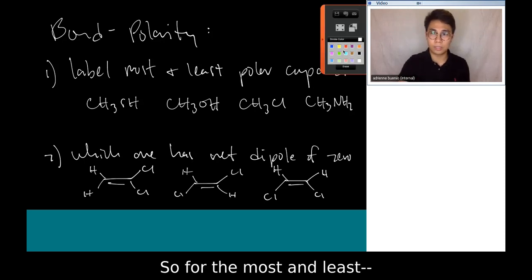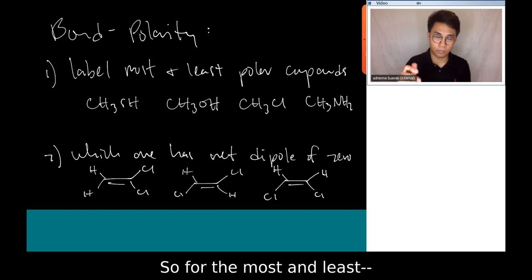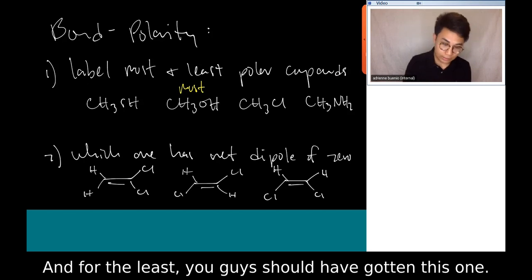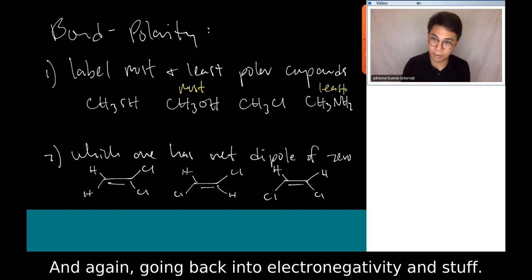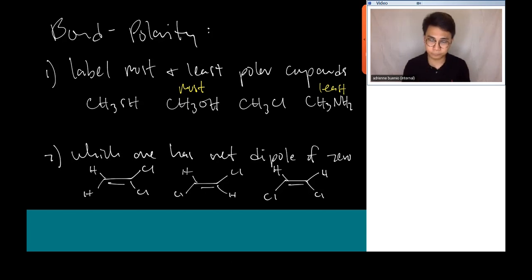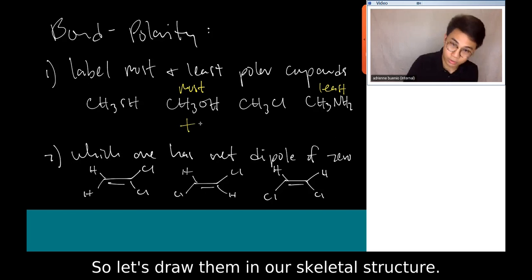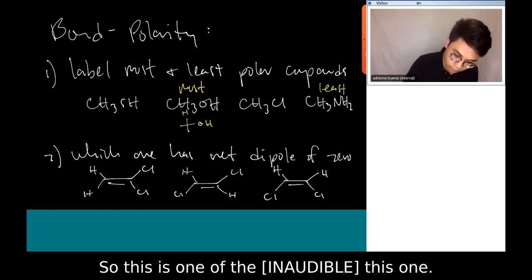So for the most and least, for the most, you guys should have gone this one, and for the least, you guys should have gone this one. And again, going back into electronegativity and stuff, I like to draw things, right? So let's draw them in our skeletal structure. So this is what it would look like.